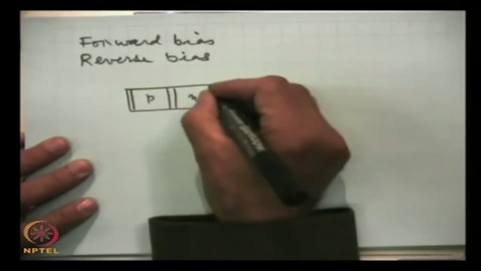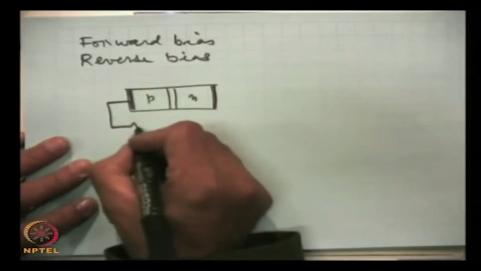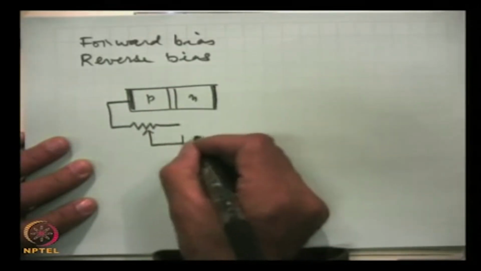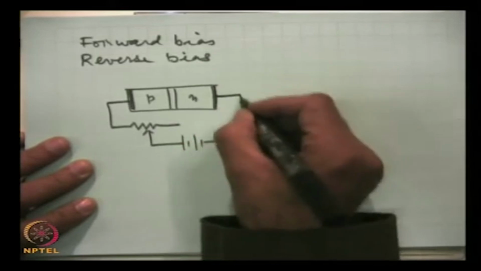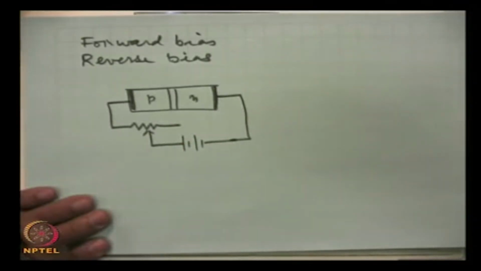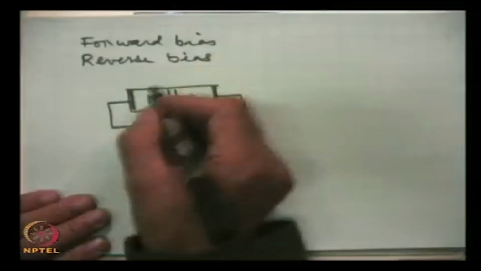These are the ohmic contacts on the two sides, and then we apply a voltage source. This is forward bias. You will recall that the built-in field has this direction.